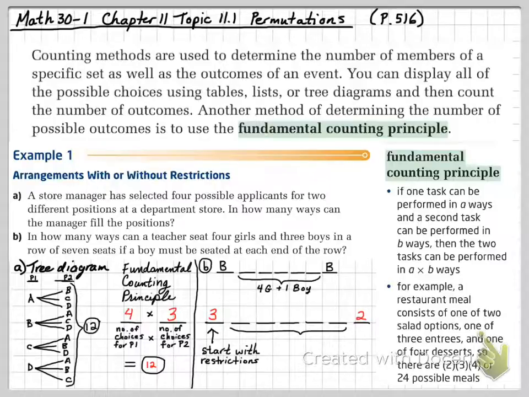And in between, it doesn't matter where anybody sits, so that could be 5 times 4 times 3 times 2 times 1, because anyone could sit in the first position, the second position, and so on. So to figure out the total number of combinations, we multiply those numbers. When you multiply 3 times 5 times 4 times 3 times 2 times 1 times 2, you will get 720 different possible combinations.